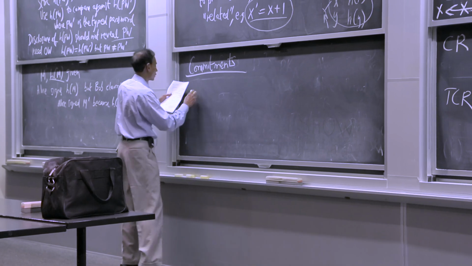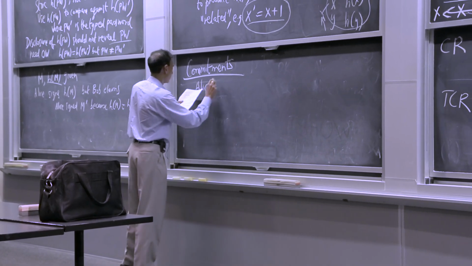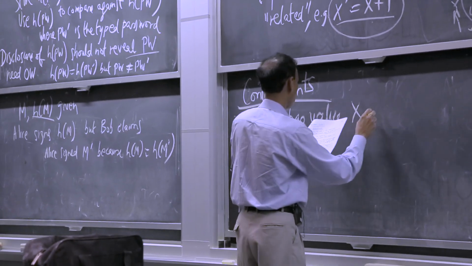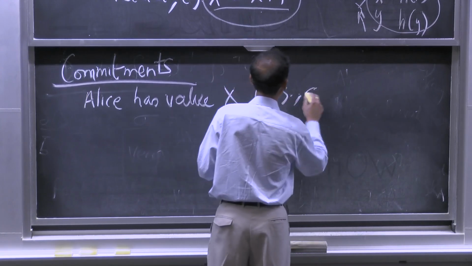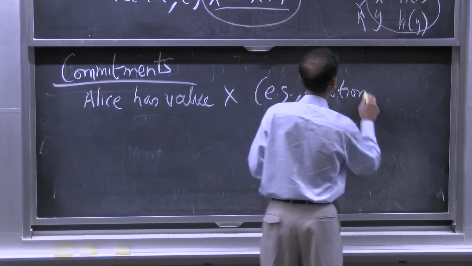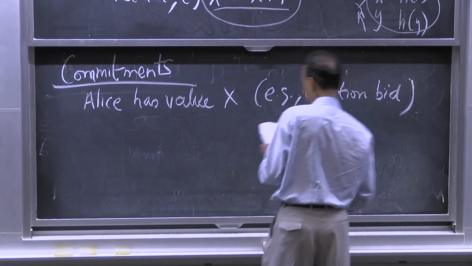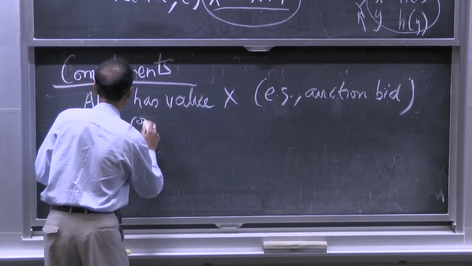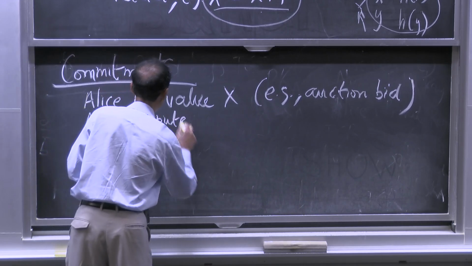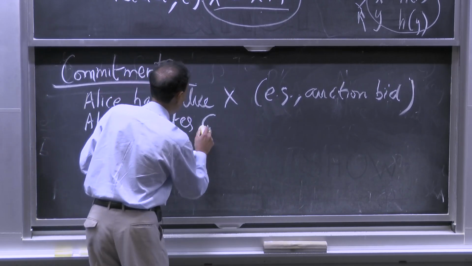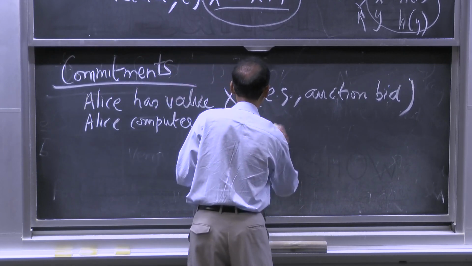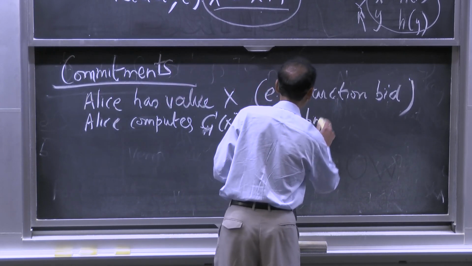Let's think about auctions. So Alice has value X, e.g. an auction bid. Alice computes what we're going to call C of X, which is a commitment of X, and submits it.